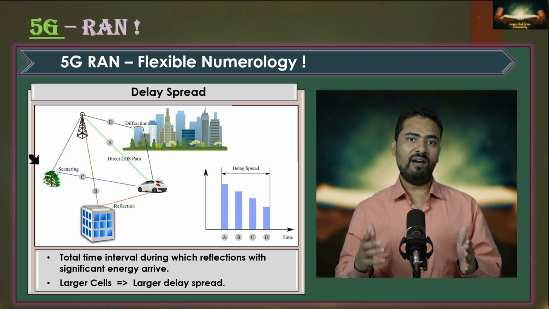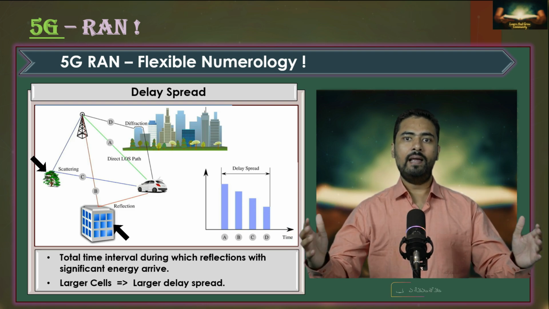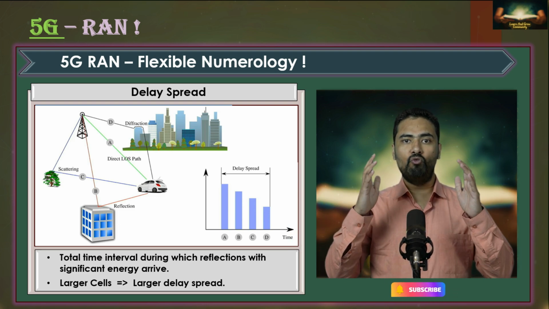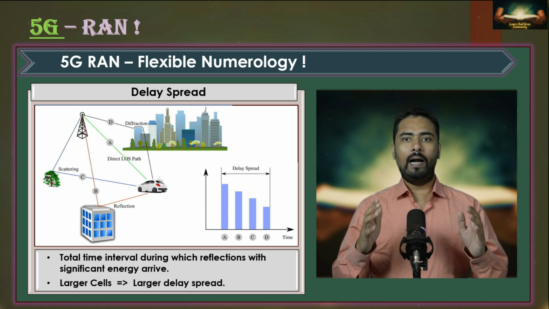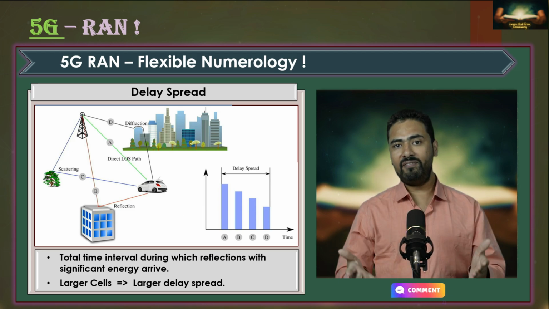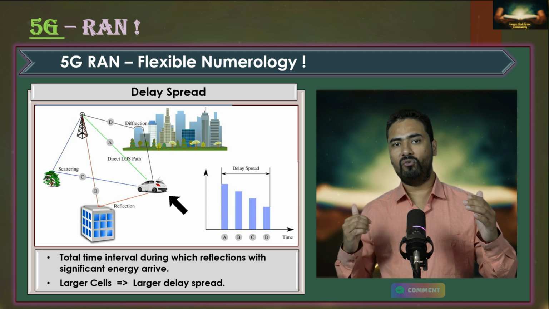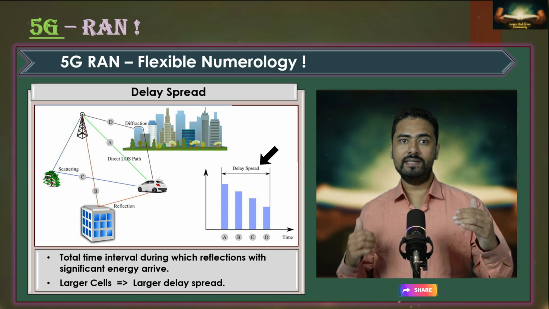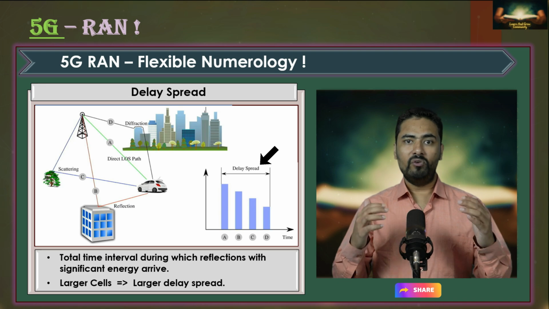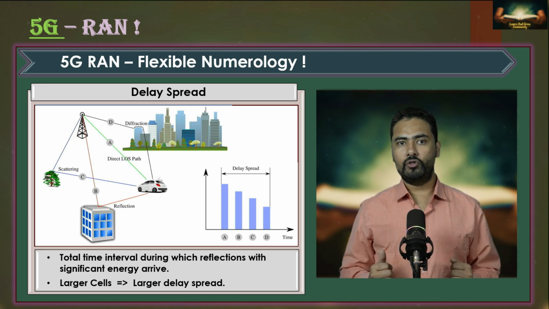And because they are reflecting from different surfaces and follow different paths, this one signal impulse reaches the receiver in multiple pulses. And because of different paths, they arrive at the receiver at slightly different times. This variation in the arrival times is named delay spread, which is a key factor in wireless communication.